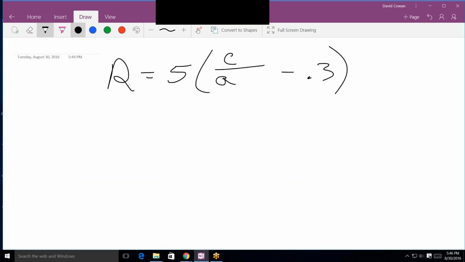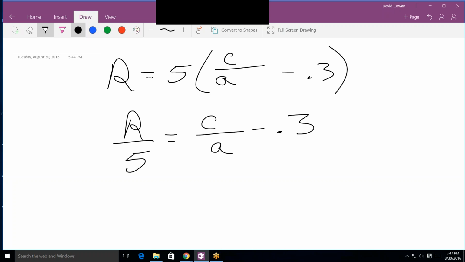There are lots of things affecting that C. Multiply 5 by everything in the parentheses. I could do that, but you're going to see that it's easier to get rid of that 5 by dividing both sides by 5. Watch. That removes the need for me to distribute it.